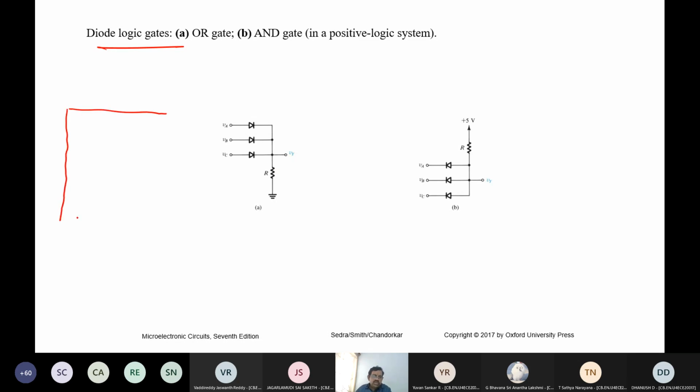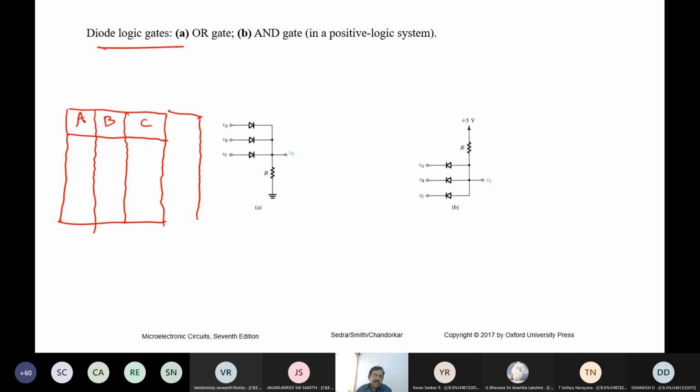You will learn this through the digital course, but maybe it is something you learned in high school. Assuming so, I will tell you the logic implementation for the OR gate. Let us say this is my input A, this is B, and this is C. There are 3 used here, so we'll have to plot all of them.